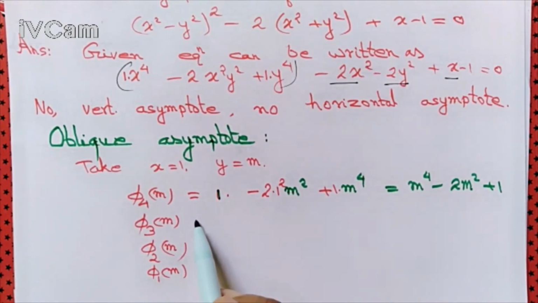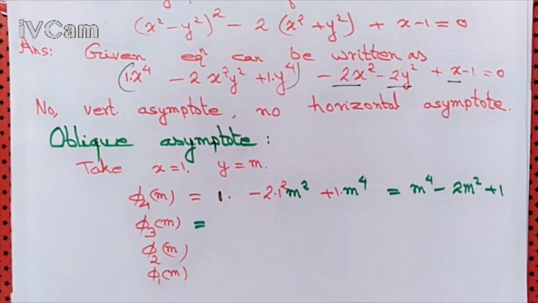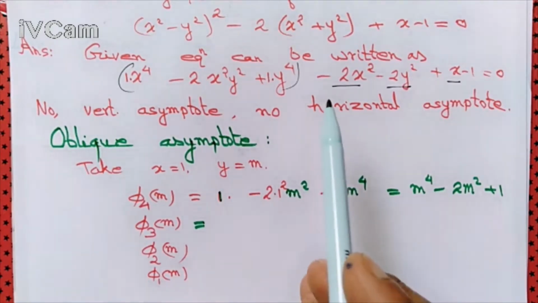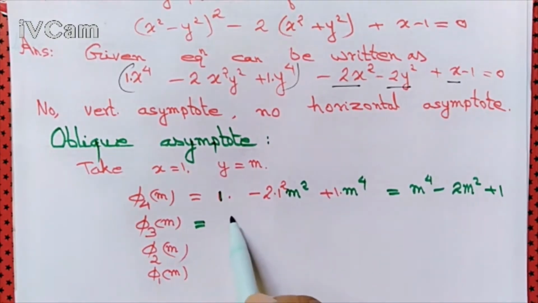Phi 3(m), we will write x equal to 1 and y equal to m in each term of degree 3. But do we have that? No. So we just write it equal to 0.